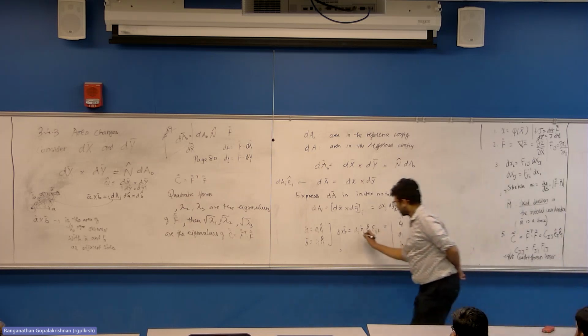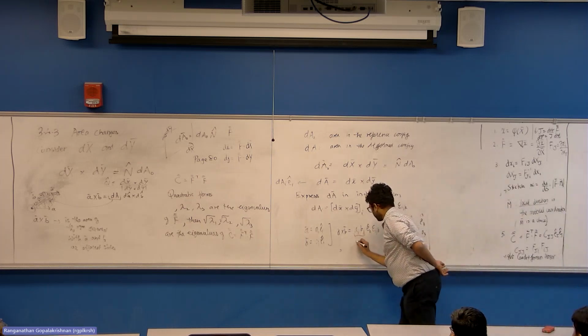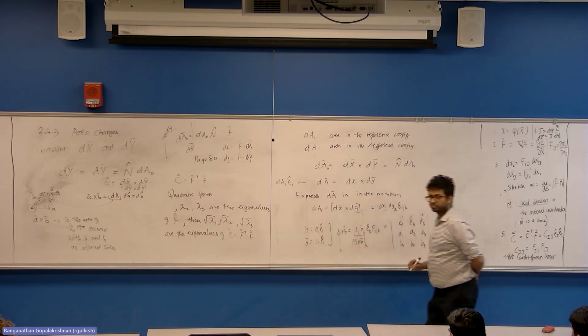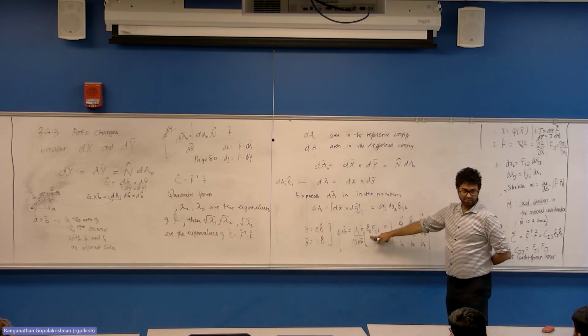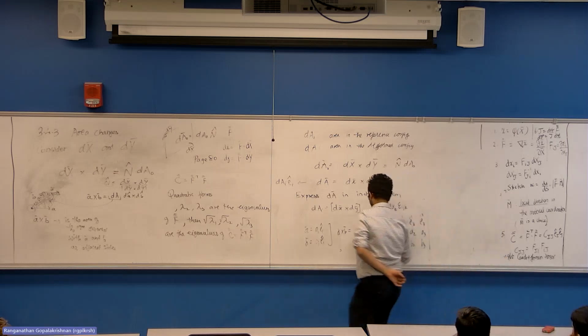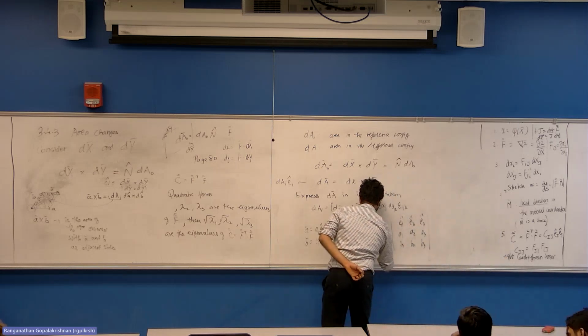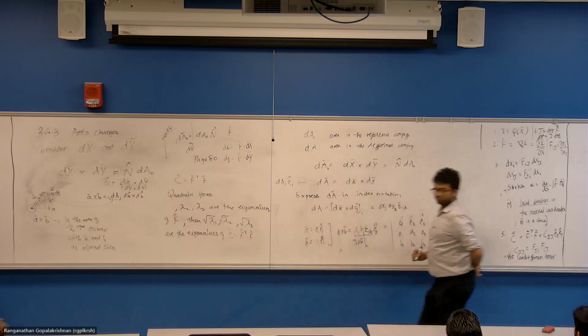Here, this is the kth component of A cross B. That's why we multiply by e_k and add the permutation symbol. Actually, I should write it as epsilon_ijk multiplied by e_k.